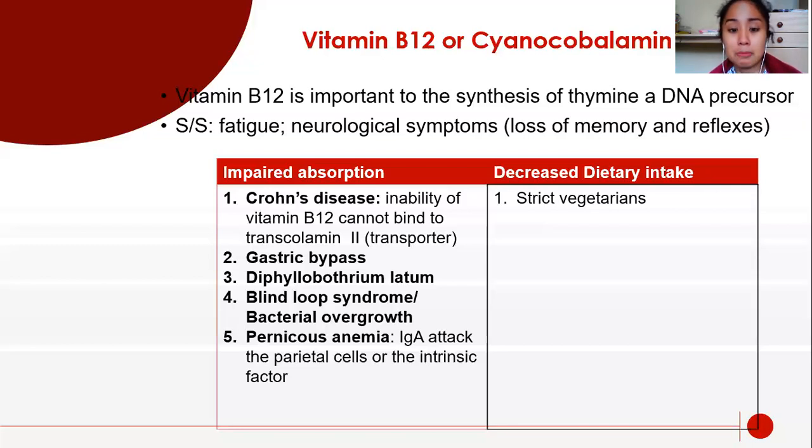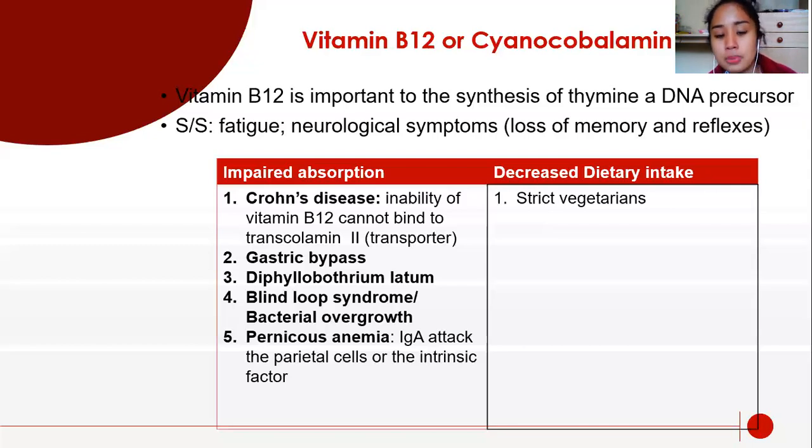Next, gastric bypass or the removal of a portion of the digestive system. So you cannot absorb vitamin B12. The same thing with your iron. Next, Diphyllobothrium latum. It tends to absorb the vitamin B12 instead.